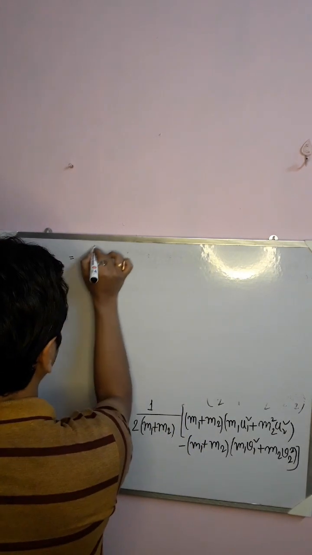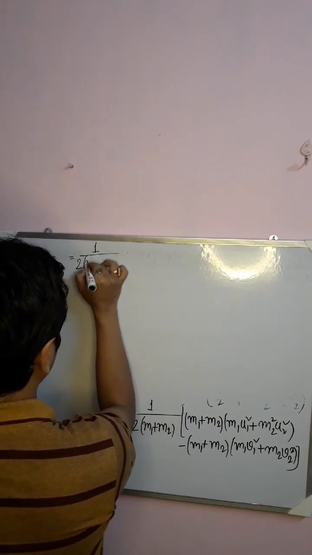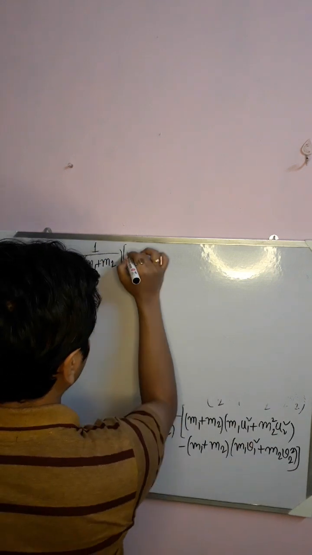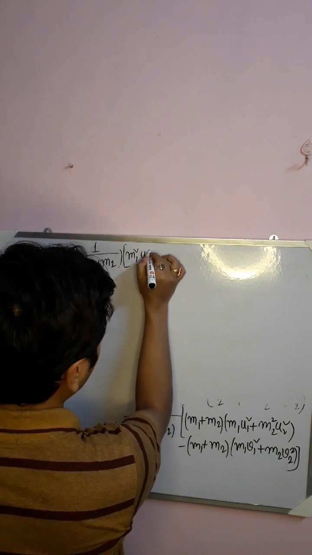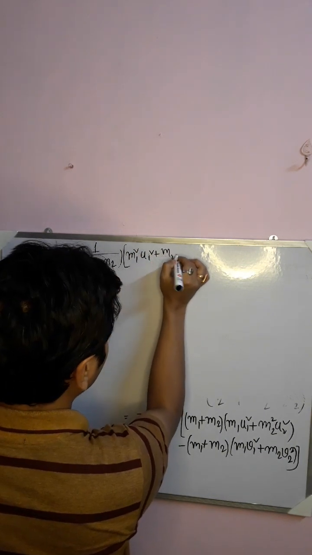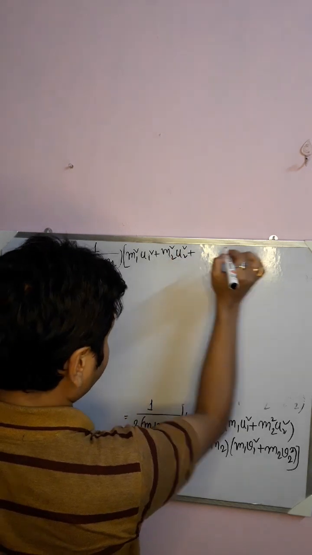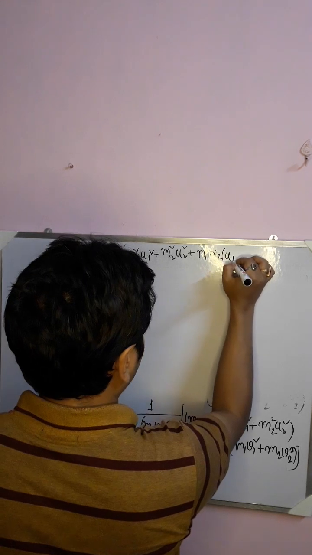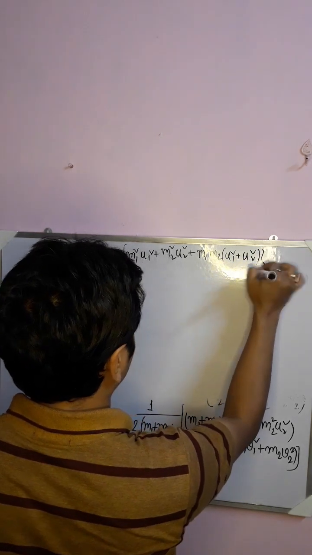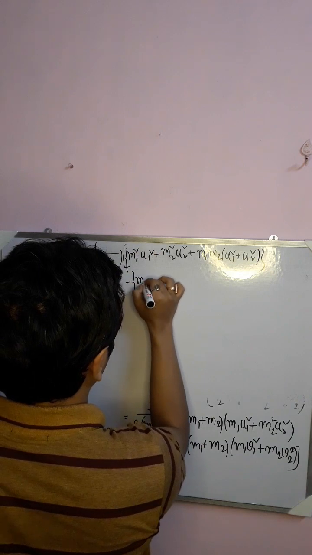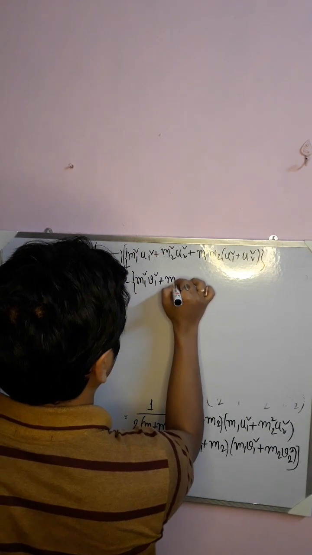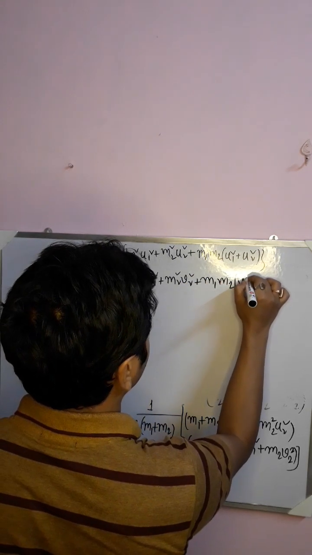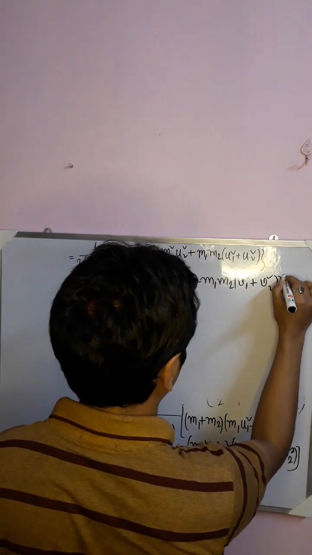That is, this is 1 by 2 m1 plus m2, and if we multiply this, that is m1 square u1 square plus m2 square u2 square plus m1 m2 into u1 square plus u2 square, and this is simply m1 square v1 square plus m2 square v2 square plus m1 m2 into v1 square plus v2 square.